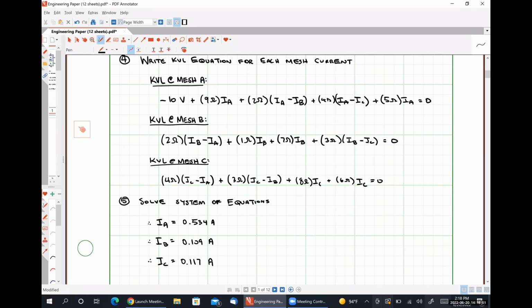So that's how we perform mesh analysis for a circuit that only contains voltage sources. Much like what we saw in nodal analysis.